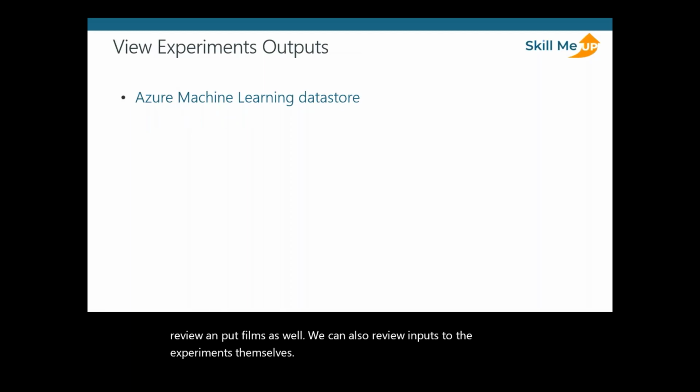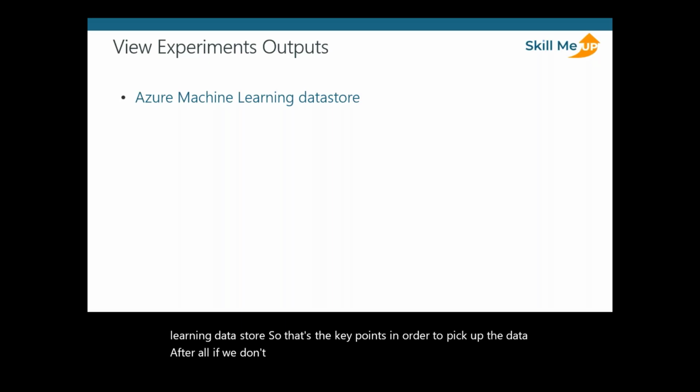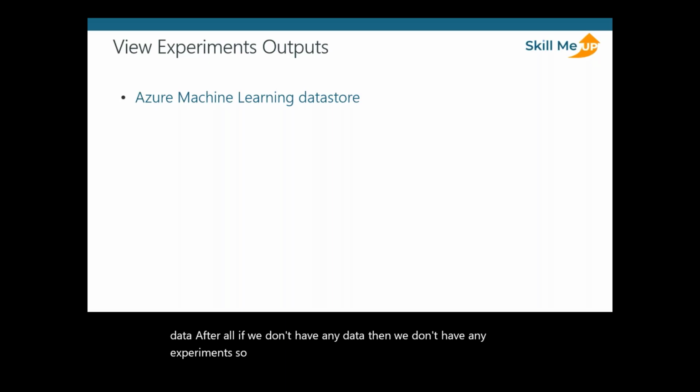To do that, Azure Machine Learning must have access to the Azure Machine Learning data store. So that's a key point in order to pick up the data. After all, if we don't have any data, then we don't have any experiments. So we must be absolutely sure that we will be able to get the data when we need it.